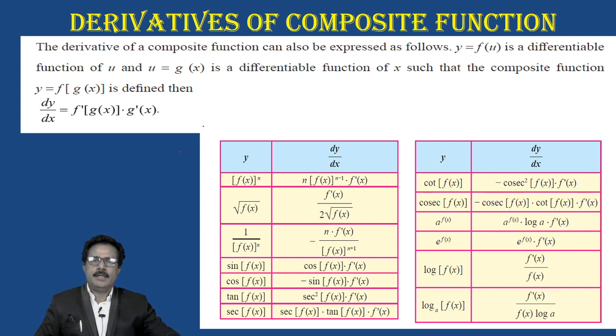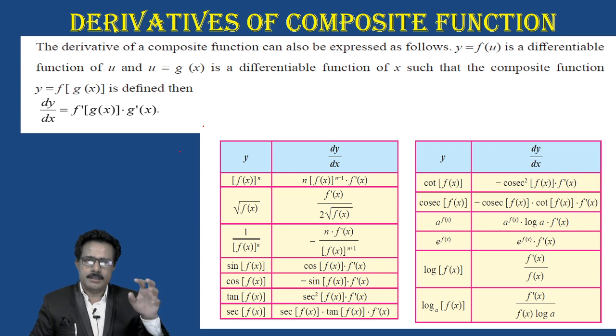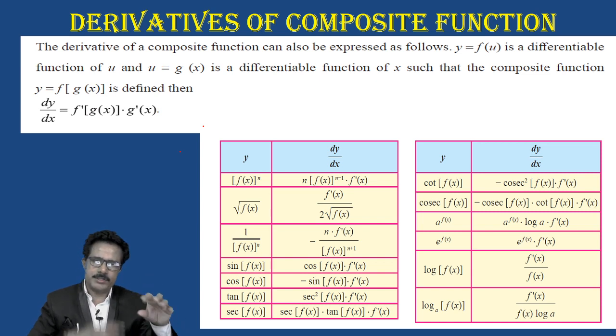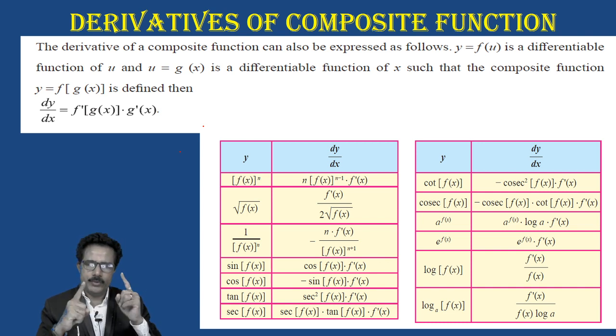Now, the formulae which we have studied for the composite functions are similar to the formulae for simple functions. The only difference is that we replace x by f of x, then we get the formula for the composite function, and in that derivative we have to add an extra term, that term is f dash of x.